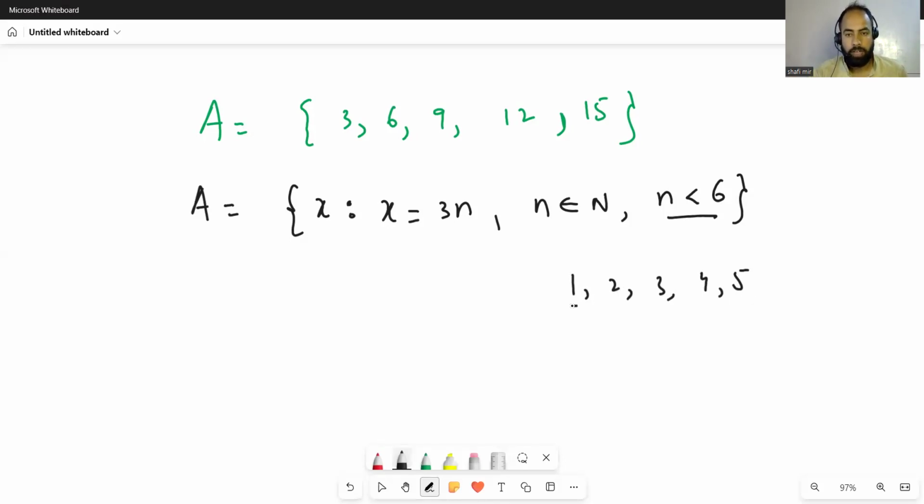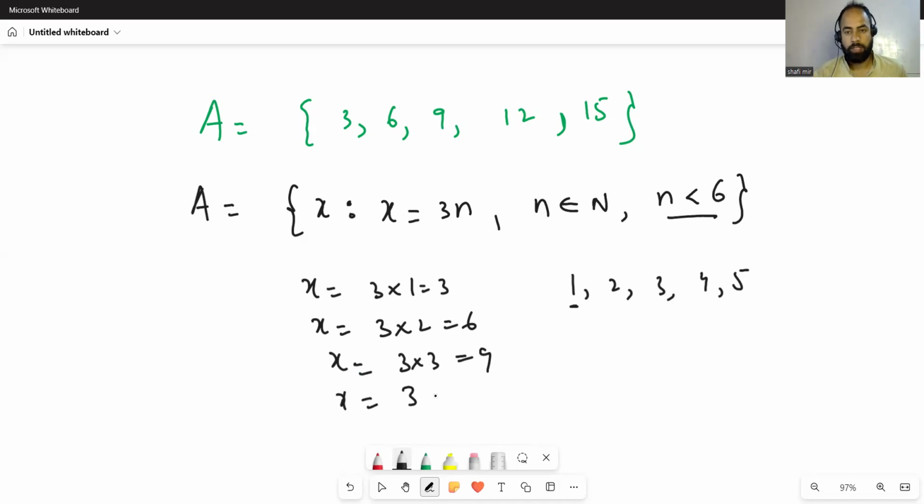The values of n: if you put the value of n as 1, you will get X as 3. See, 3 ones are 3. If you put n as 2, 3 twos are 6. If you put n as 3, 3 threes are 9. If you put n as 4, 3 fours are 12. If you put n as 5, 3 into 5 is 15.